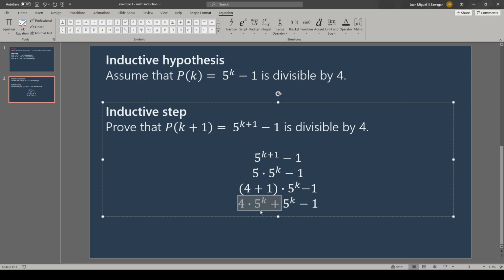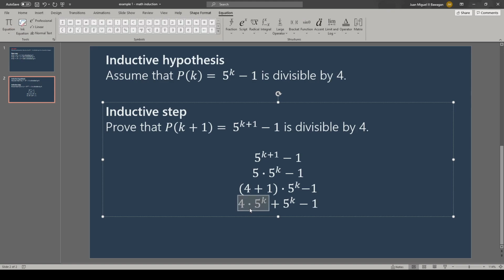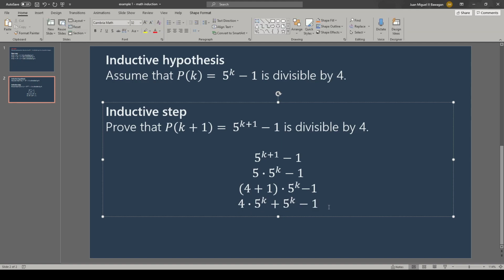Is 4 times 5 raised to k divisible by 4? Obviously, yes, because we have a factor of 4 here. So a number that is divisible by 4 plus a number that is also divisible by 4 is a number that is divisible by 4. Something like our previous example, even number plus even number is also an even number.